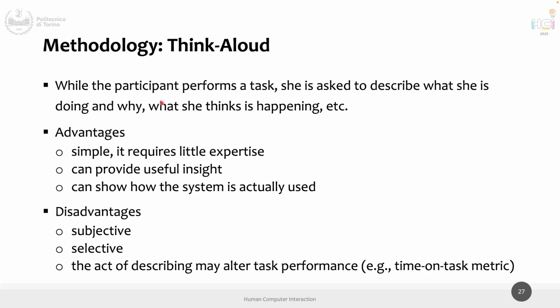So for instance, if you use time on task as a metric, that time is not significant with think aloud and should not be used, because of course the act of verbalizing the thought has an impact on the time that you spend doing the task. The task without think aloud would probably have taken a different, probably shorter, amount of time.